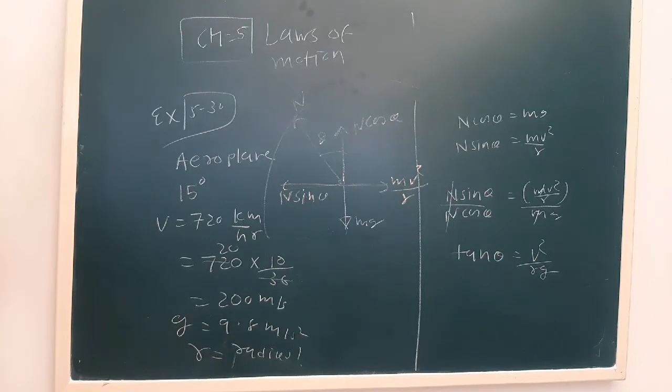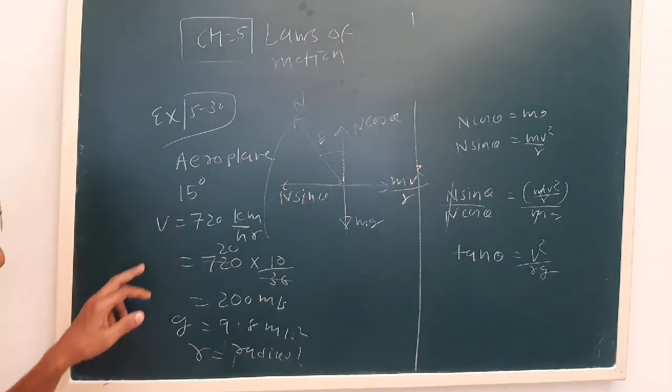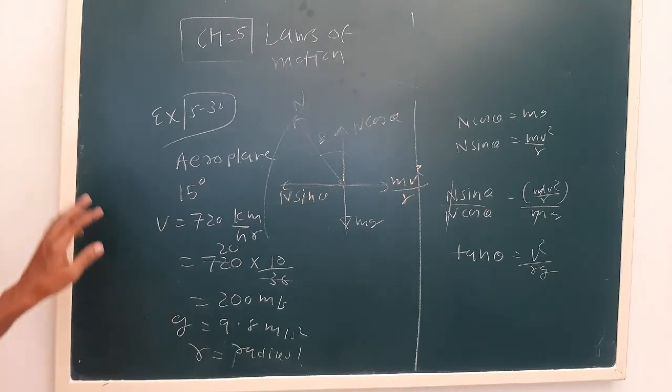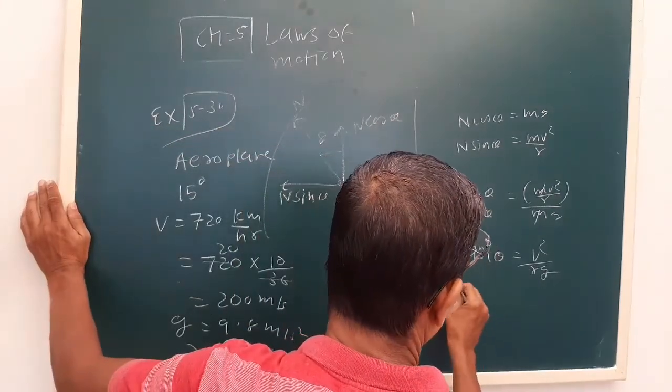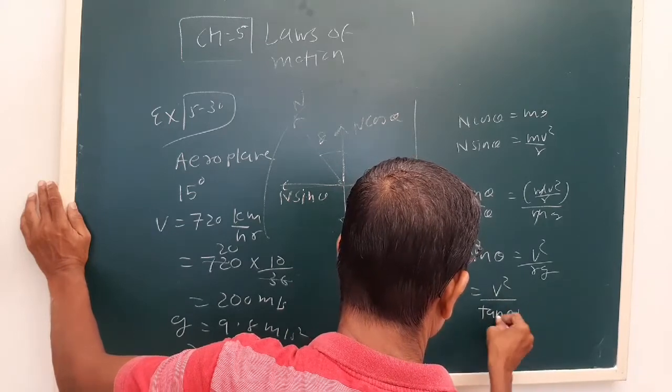Here theta is given, v is given, g is given, and r we have to find out. So tan theta is v square by rg, so r is equal to v square upon tan theta into g.